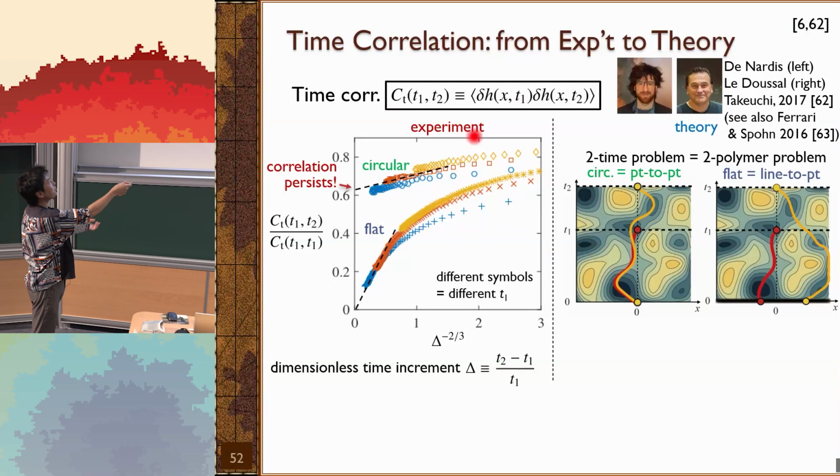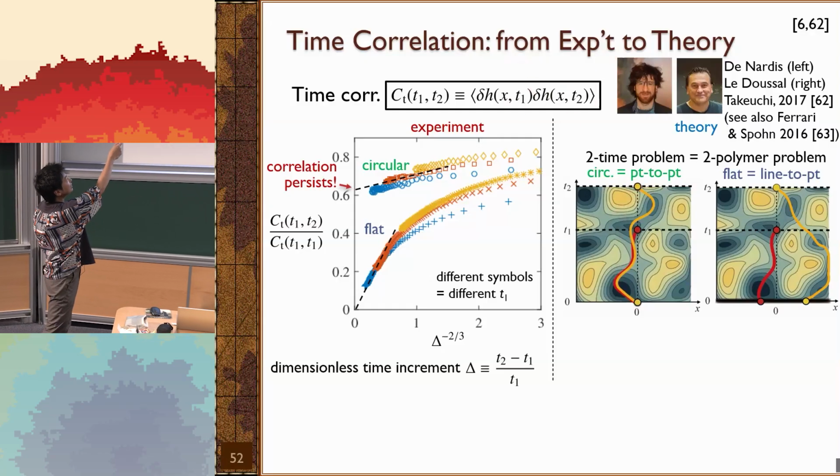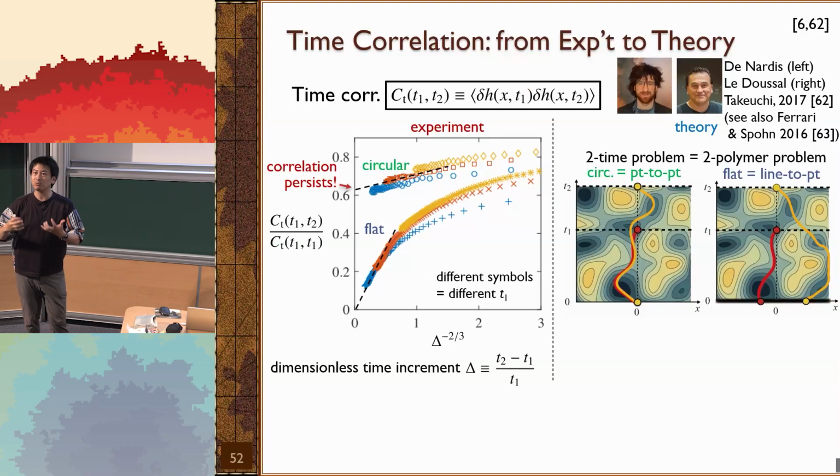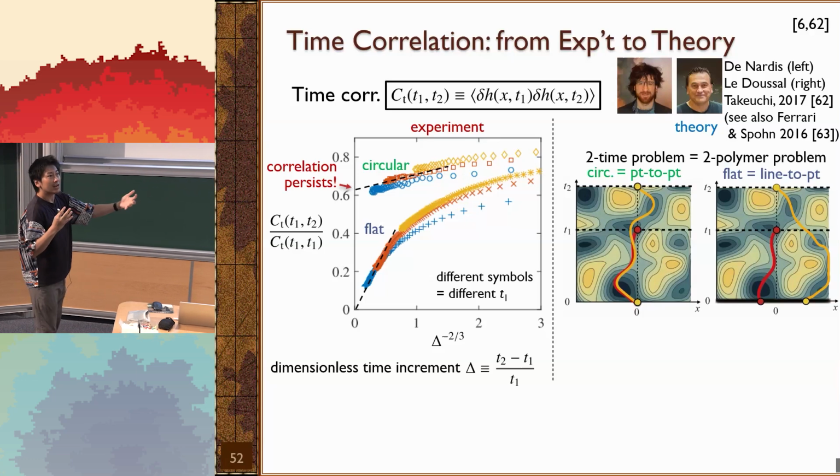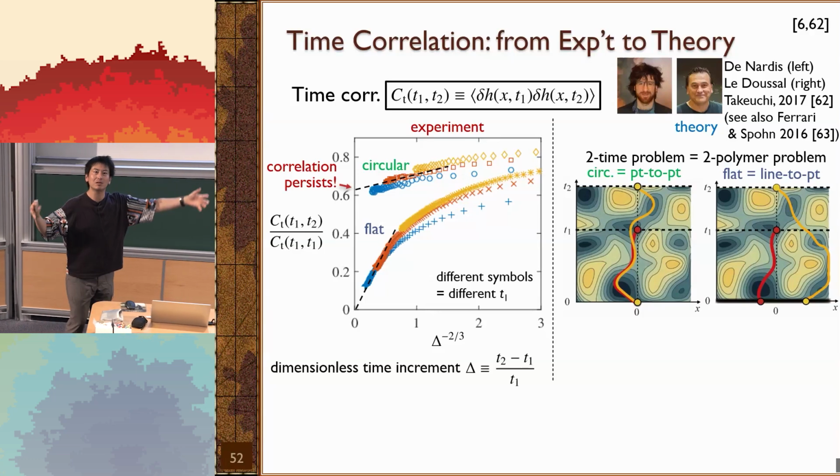Now the two-time problem is expressed as a two-polymer problem. The first polymer spans from time 0 to time t1. The other polymer spans from time 0 to time t2. Then the correlation between the two heights is the correlation between the two free energies of the two polymers. And these two polymers are placed in the same random potential.